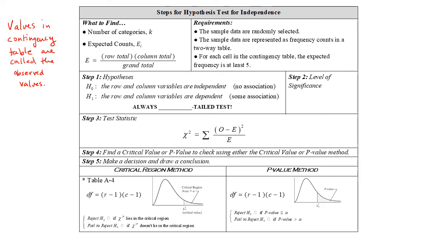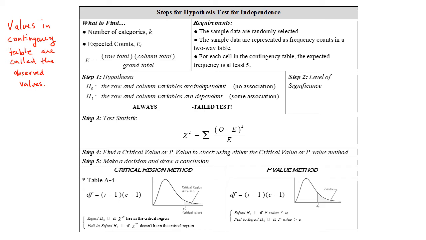So we can look at each entry in our contingency table and compare that with what we would expect to see if those two variables are independent. And so the expected values, E here representing the expected value, would be what we would get in the entries of our contingency table if in fact those two variables are independent. And the way it's computed, we look at the row total and the column total and divide by the grand total.